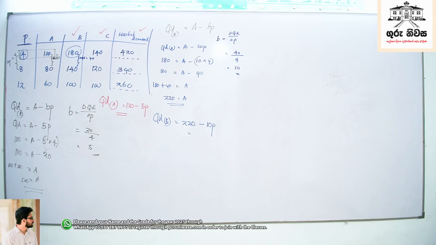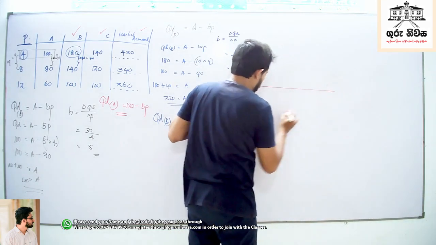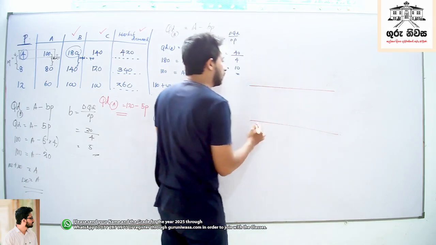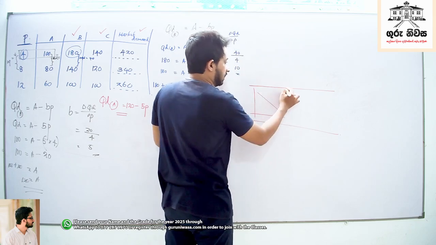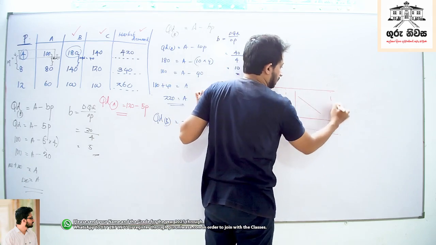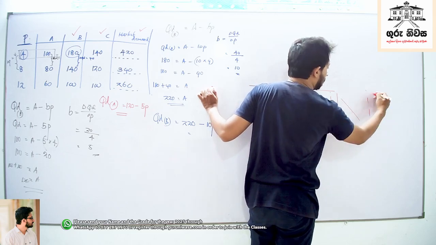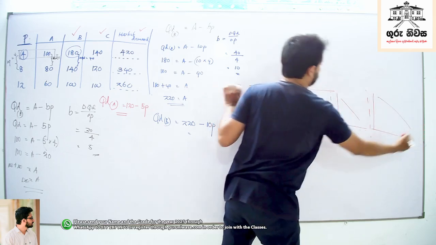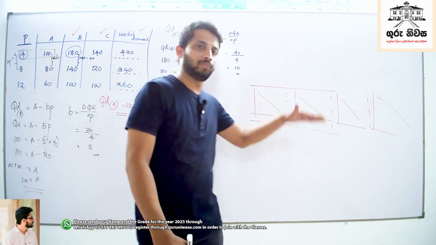Like this. A's demand curve, then B's demand curve, third one C's demand curve, and last one market demand. All four in one row.